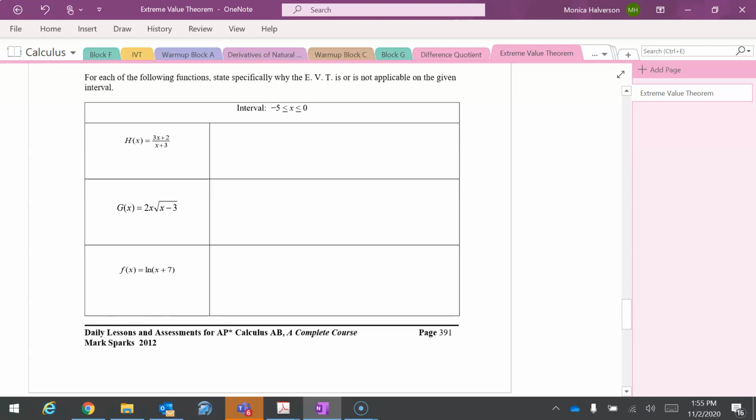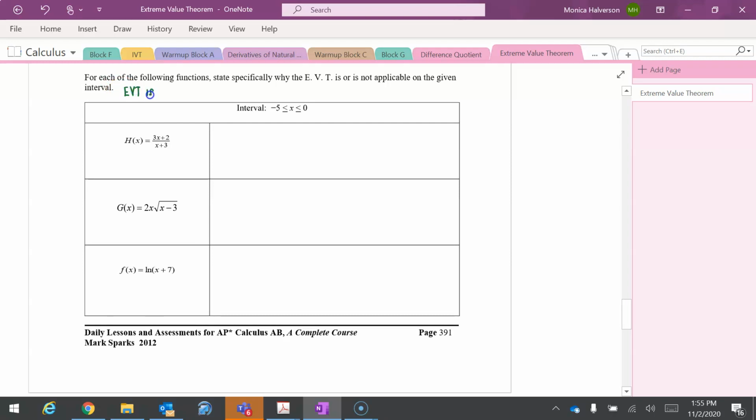Now, remember, in order for EVT to be applicable, it means that the function is differentiable throughout that entire interval. And that's really important.